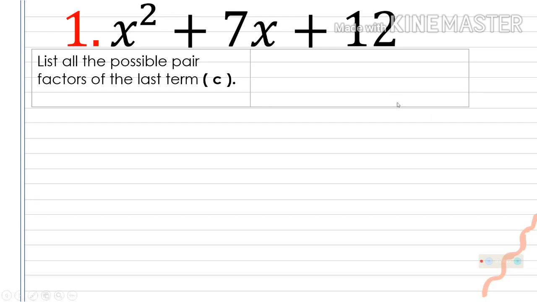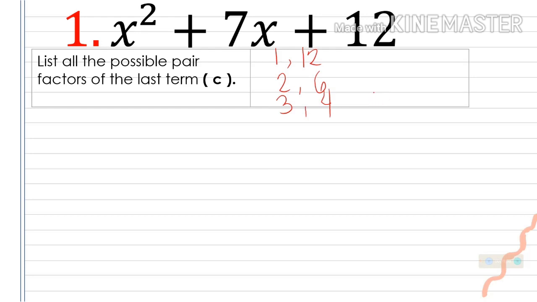So our c is 12, correct? So you are going to list all the possible factors of 12. We have 1 times 12 is 12, and then we also have 2 and 6, followed by 3 and 4.